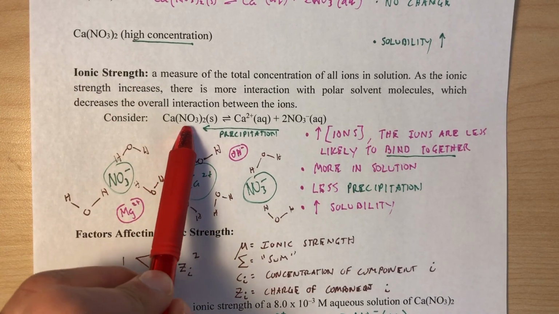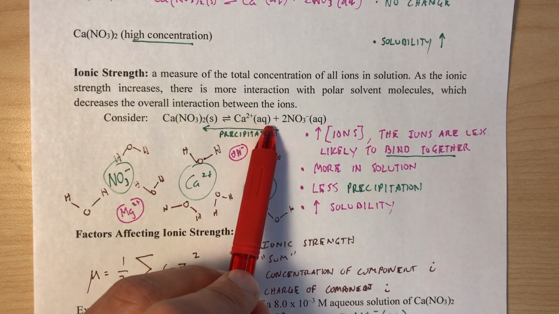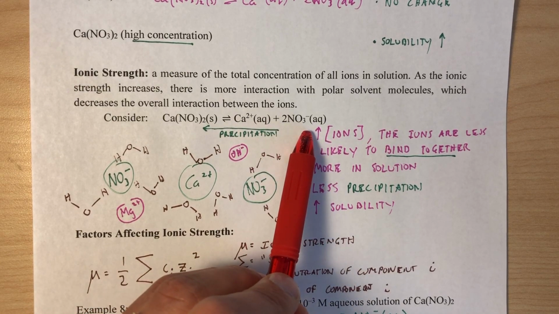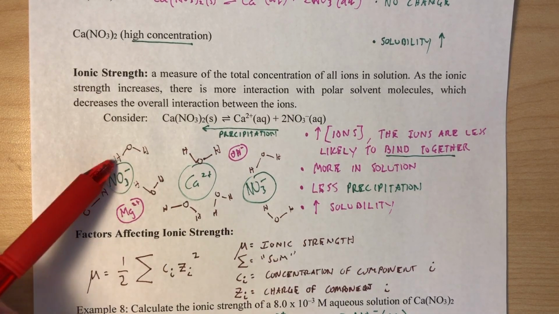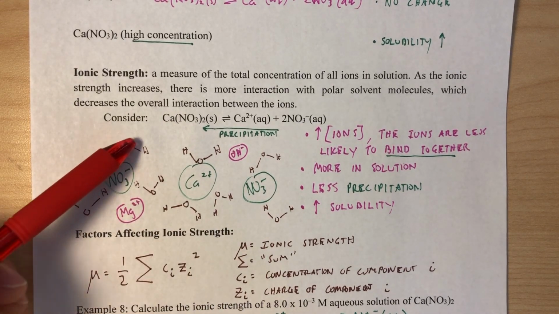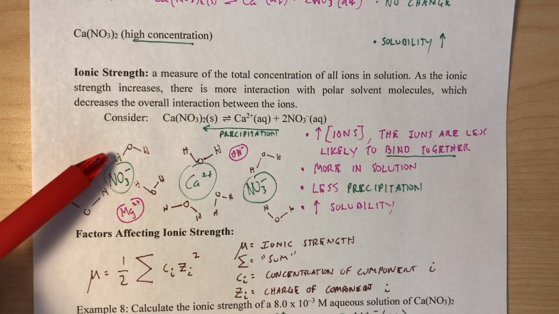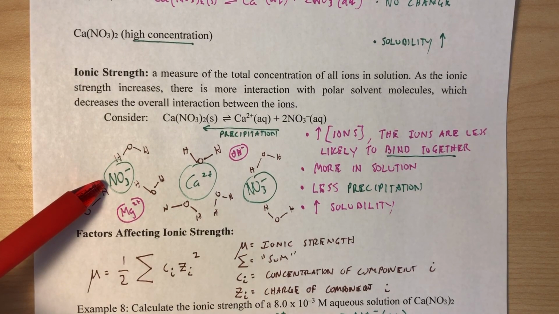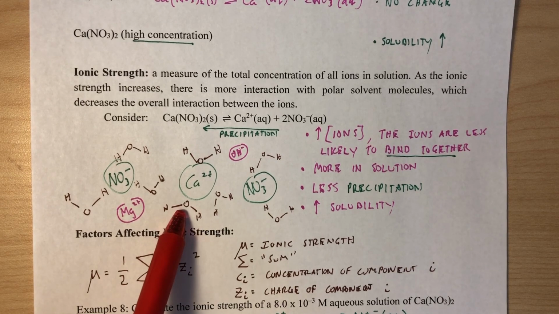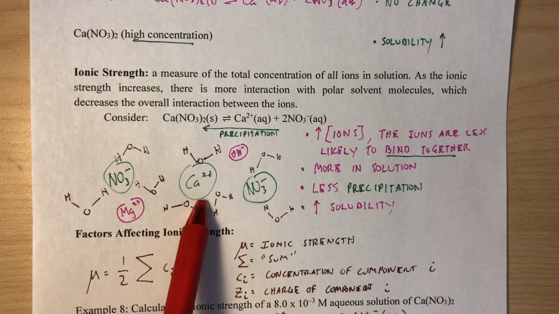So consider adding a whole bunch of calcium nitrate, which dissolves, forming calcium ions and nitrate ions in solution. I've drawn them as really large just so that there's a whole bunch of them. And we have different parts of water molecules interacting with the ions: the protons of water interacting with the negatively charged nitrate, and the relatively polar oxygen of water interacting with the 2+ ion of calcium.